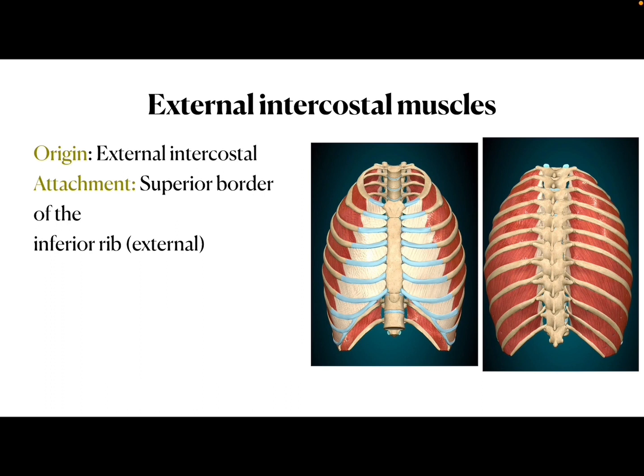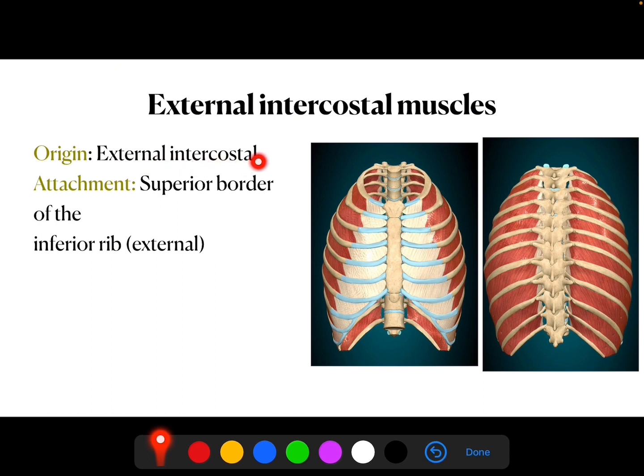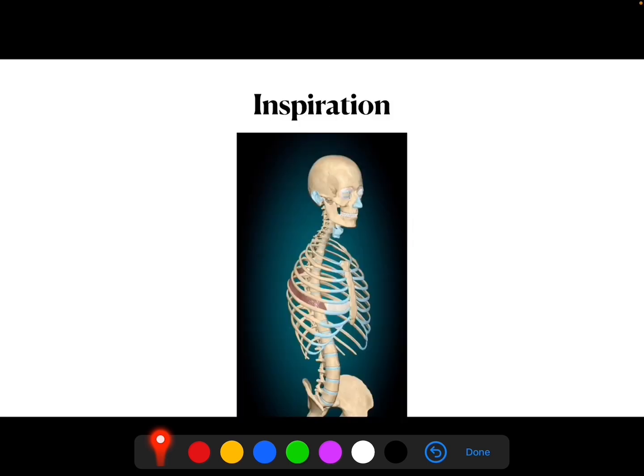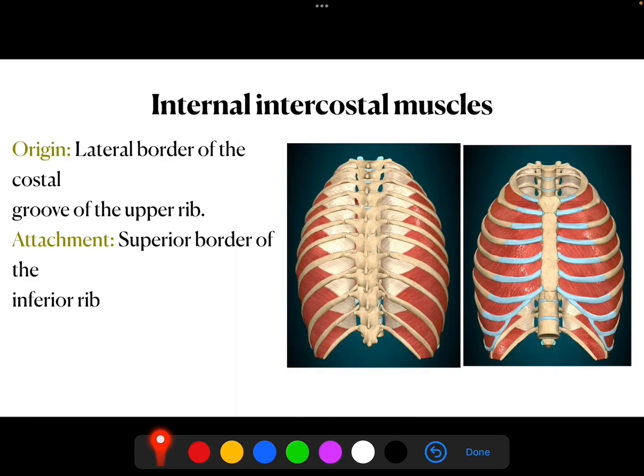External intercostal muscles. It originates at the external intercostal and attaches at the superior border of the inferior rib. Actions performed by this muscle are inspiration. Internal intercostal muscles.